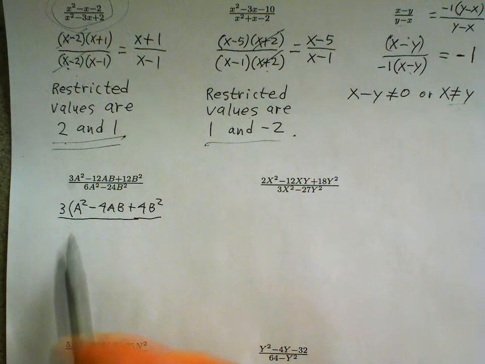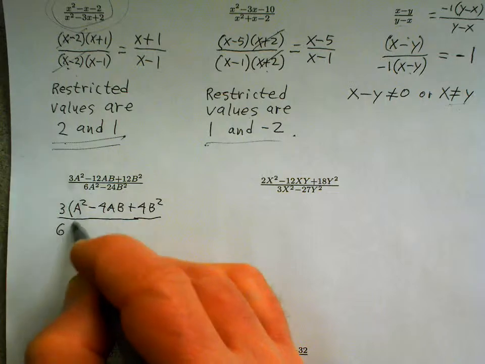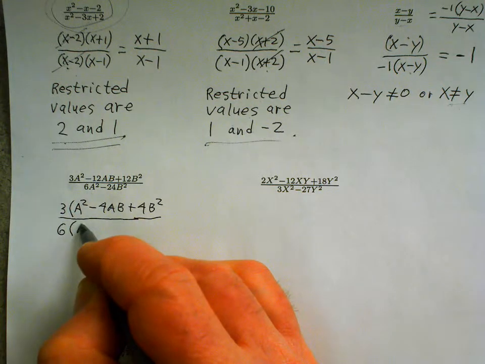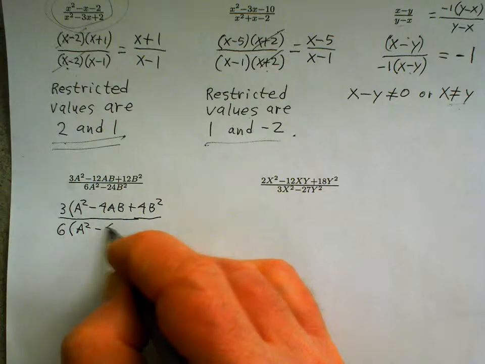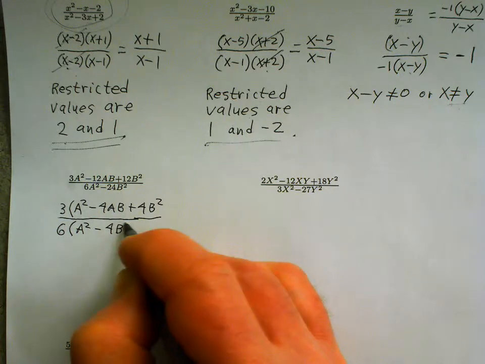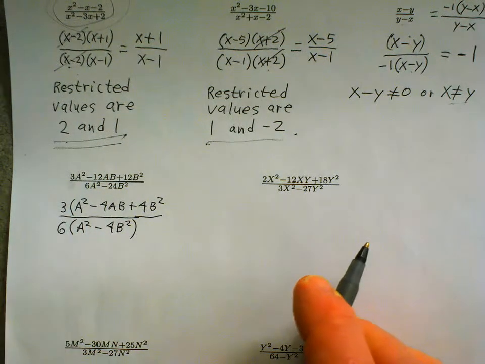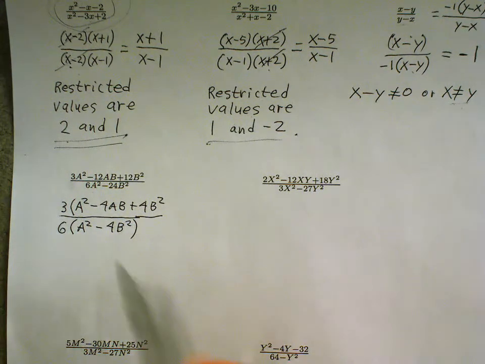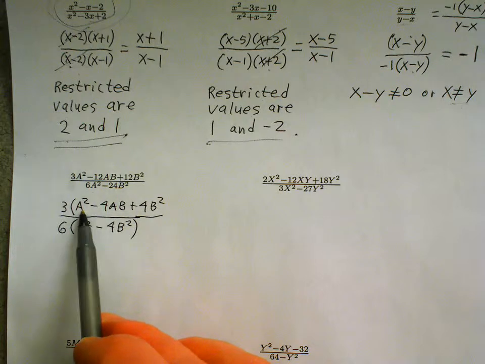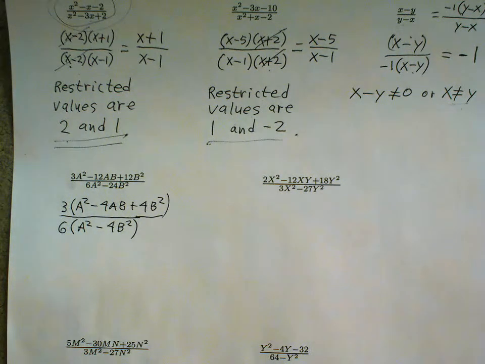And in the denominator, the greatest common factor is 6. So we get 6 times a to the second minus 4b to the second. This trinomial, a squared minus 4ab plus 4b to the second, is a perfect square trinomial.